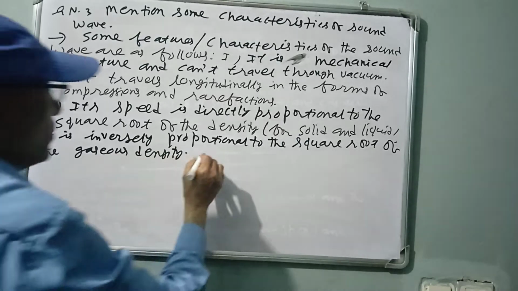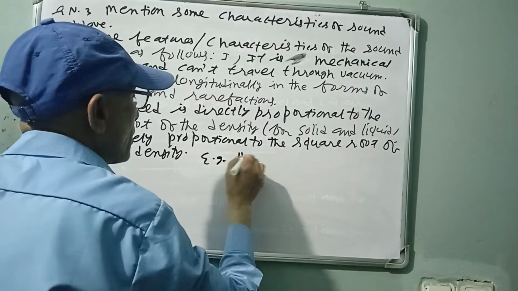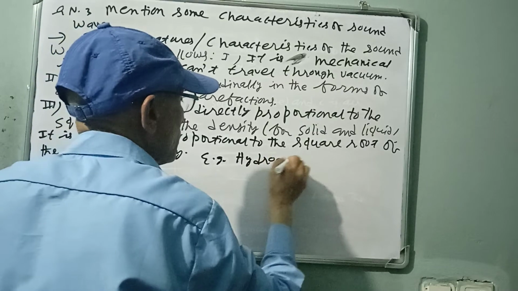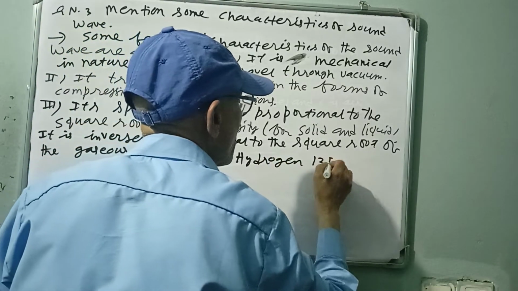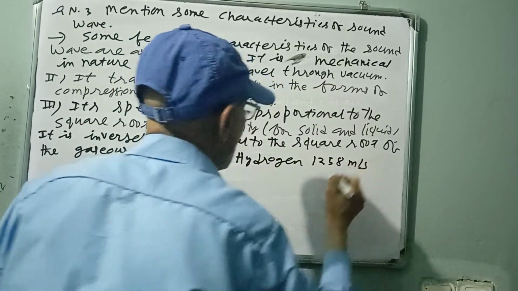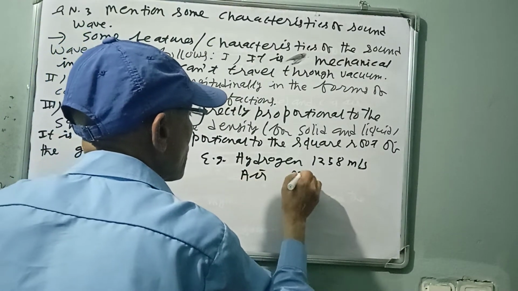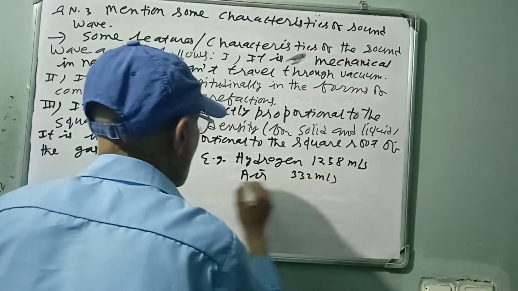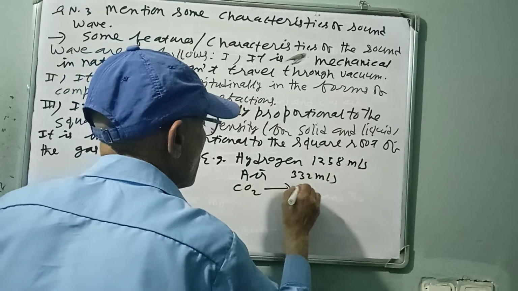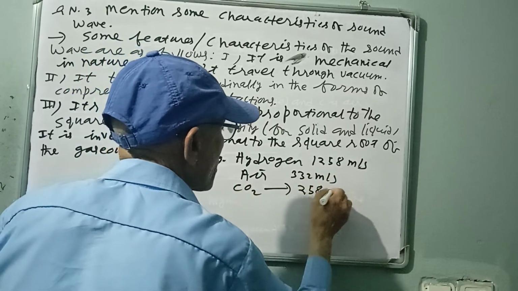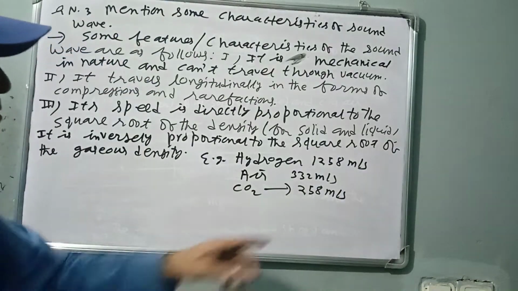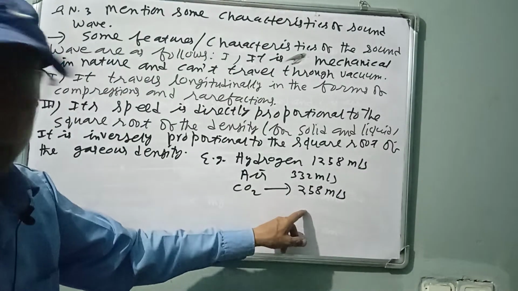For example, hydrogen 1258 meter per second. Air medium 332 meter per second. Carbon dioxide 258 meter per second. Carbon dioxide has more density, so the speed is less.